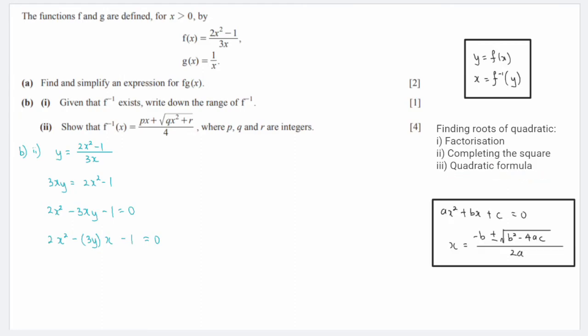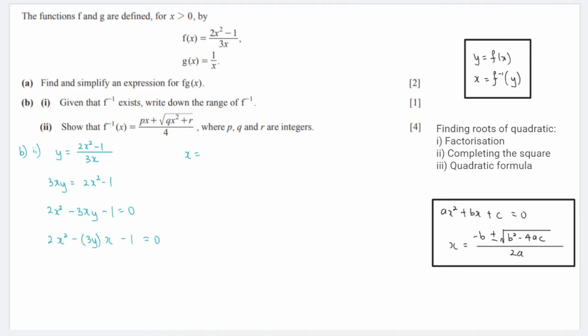Now please recall that the quadratic formula takes this form when your quadratic equation is in the form of ax squared plus bx plus c. So we directly apply this onto our expression here, so that x equals negative b. Our b in this case is negative 3y, so you must not forget the negative sign.